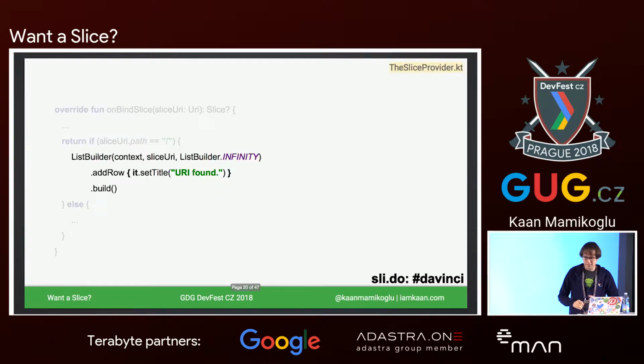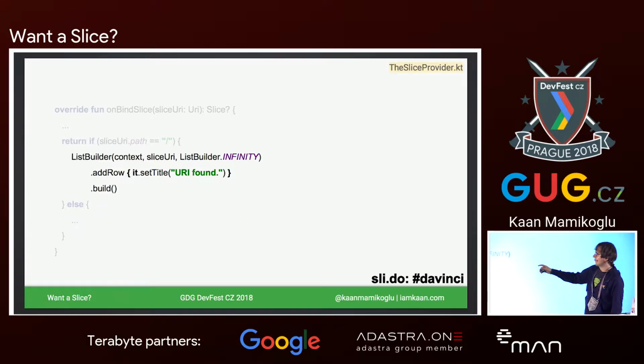So yes, let's focus on the builder now. So list builder is, in general, slices are actually lists of items. So that's why you always use this list builder. And then it takes a context, which we made sure that it is there. It's like above.